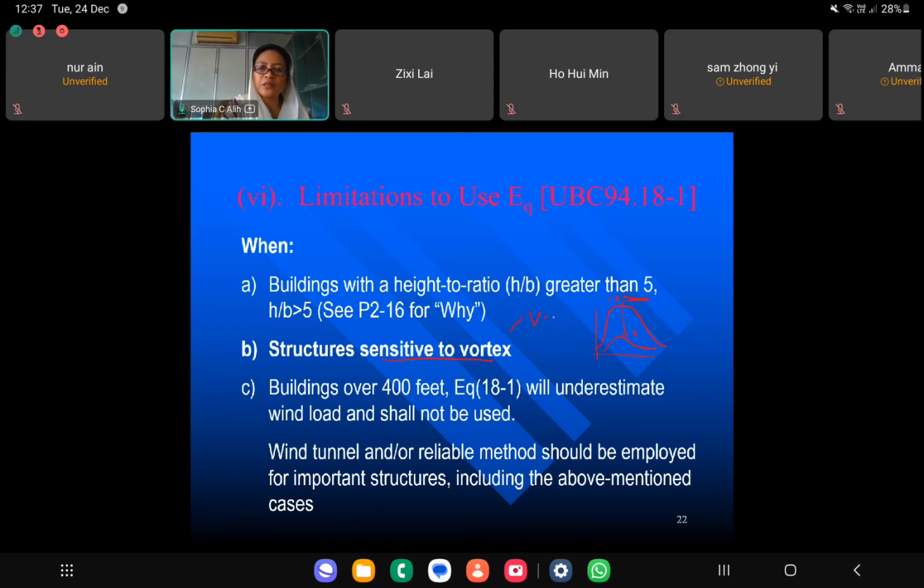One is the V critical and the beta ratio that you have just now, or building height over 400 feet, because the CE factors, the wind velocity profile, are given to you only up to 400 feet. Above that, it is no longer safe to use them, so you need to go for a wind tunnel test or a more reliable method to check them.